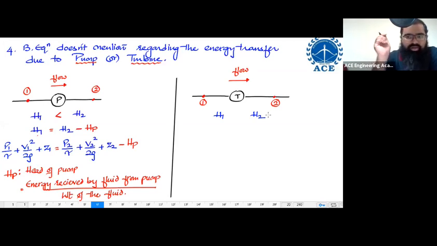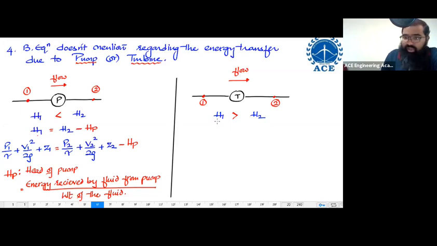Who is going to be greater over here? As you move forward, the turbine has taken away money from your pocket. You are having 100, it took away some 20, you are having 80 over here. So basically this head H1 is supposed to be greater. How to make it equal? If it is greater, you subtract something over here.